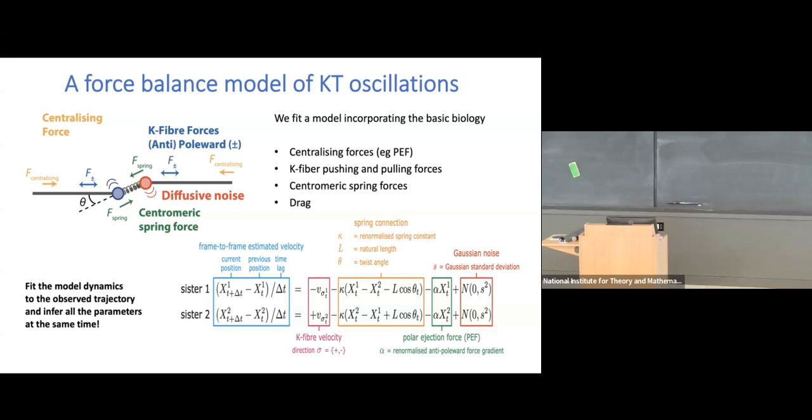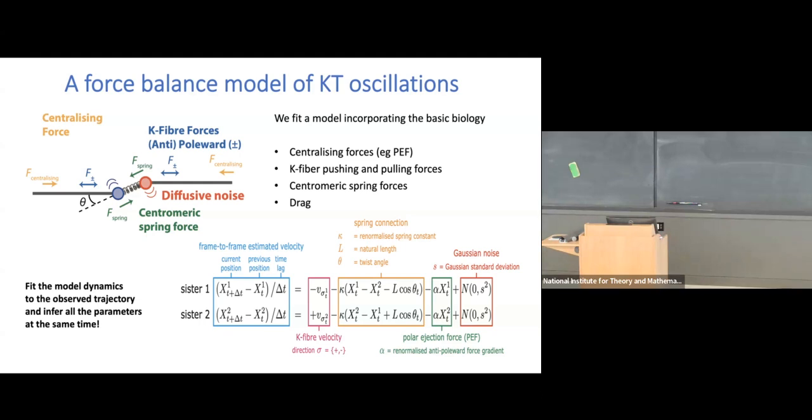And then you've got the K fiber, a bundle of about 10 microtubules, which attaches to the kinetochore, and it can either be depolymerizing or polymerizing. So we fit this model. It's Bayesian, so you fit all the parameters together. This is our model. You've got the frame-to-frame estimated speed.